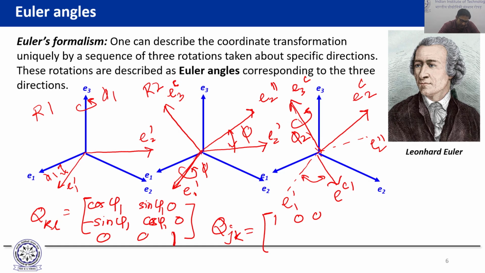In this case, the rotation is around E1 prime, so the 1 comes over here, and therefore the other components of this matrix are going to be 0, cosine phi, sine phi, and then 0, minus sine phi, cosine phi. And similarly, one can write down the third transformation matrix as well using the same logic.